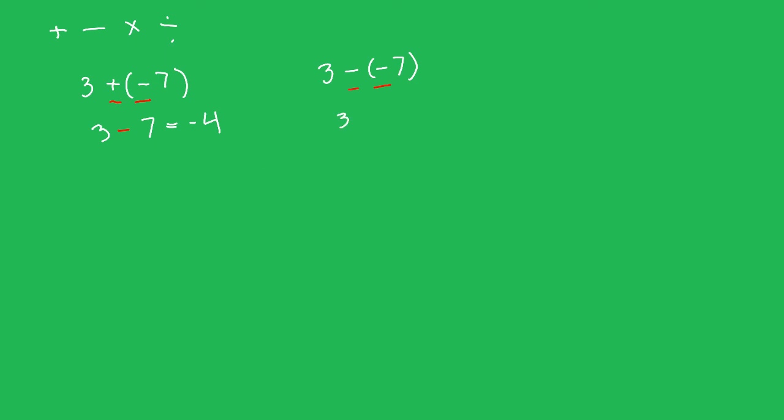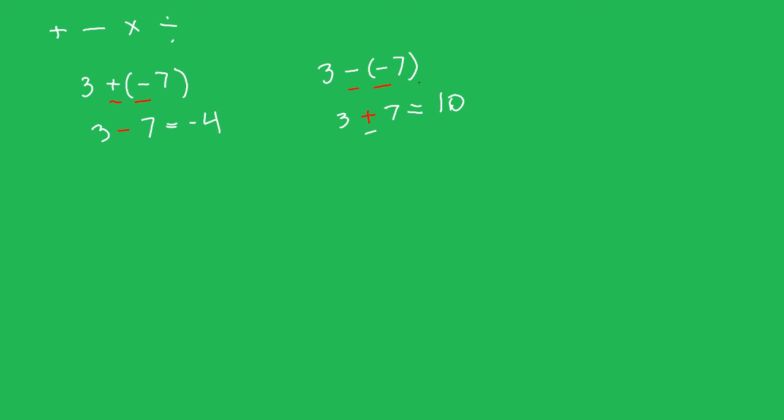So 3 plus 7, which equals 10. So what we're doing here with subtraction is we're just adding the opposite of the second number. So instead of subtracting -7, we can add the opposite of -7, which is just +7. So 3 plus 7 equals 10.